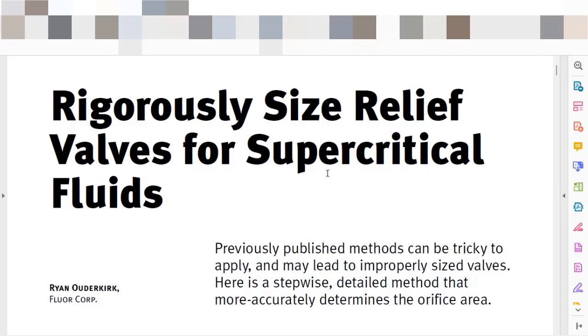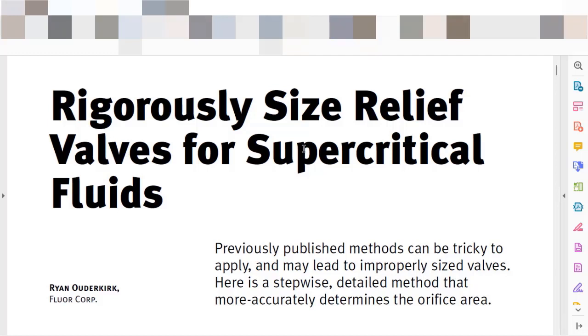The rigorous calculation for sizing relief valves for supercritical fluids was first published by Ryan Oiderkirk. In this paper, he addressed a methodology based on the heating added to the fluid.